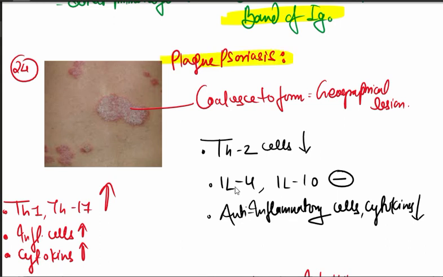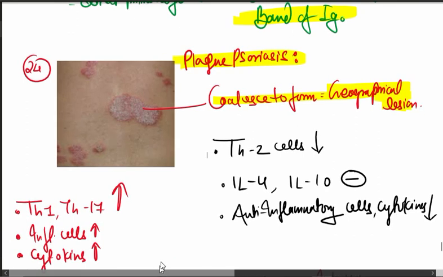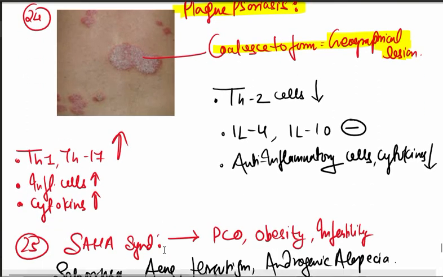Again, plaque psoriasis, the lesions coalesce to form bigger ones, known as geographical lesions, and something is increased here, something is decreased here. So let's see which are increased. T helper 1 and 17 cells will be increased in this condition.